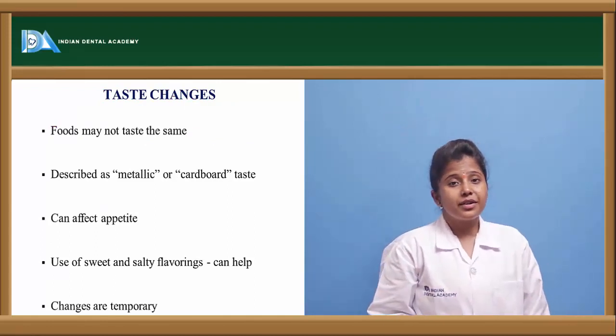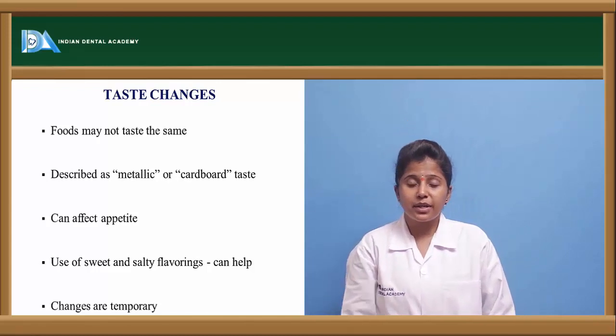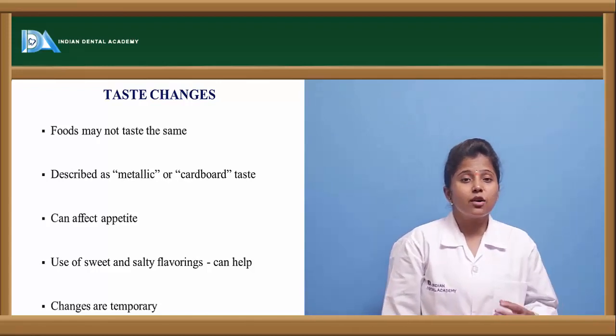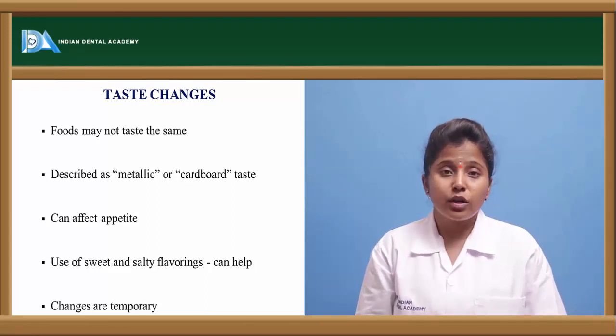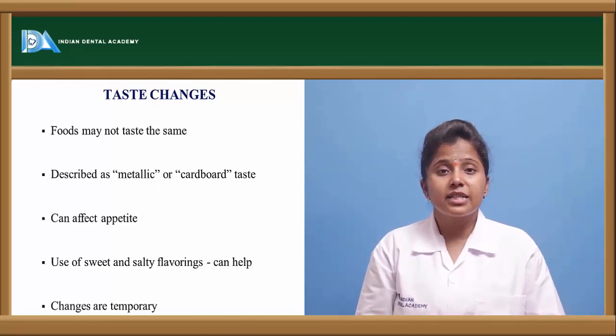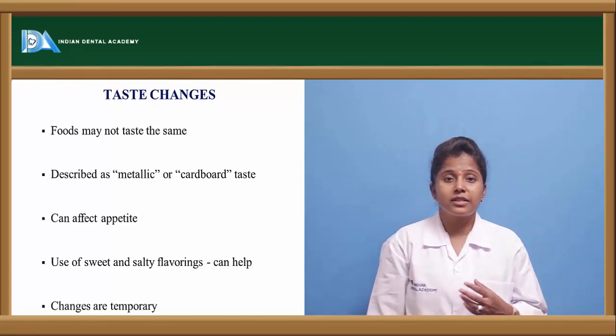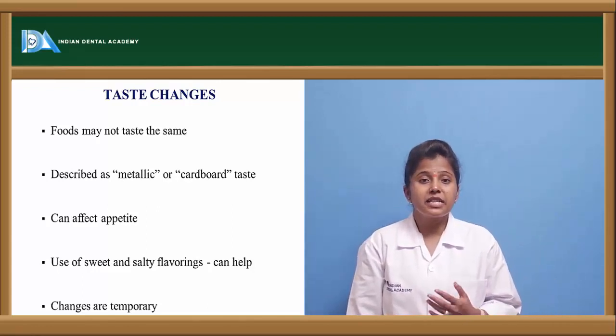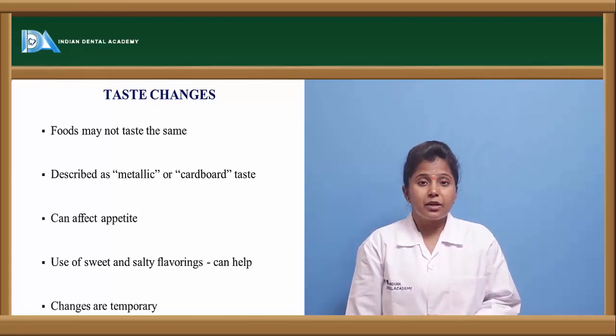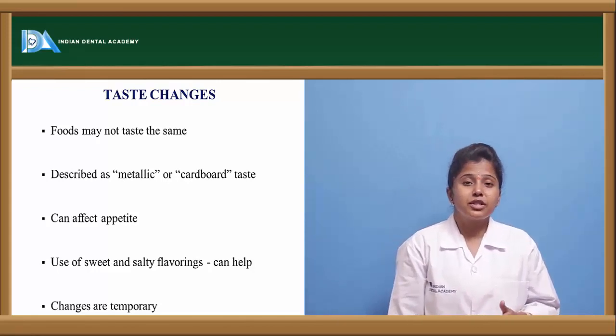Because of the drugs or the treatment given in cancer patients, the taste of food can be altered, or we can say things cannot taste that good. They may sometimes have a metallic taste, or a cardboard taste, that can be observed in the patients. In that condition, the patient can't take food properly, and because of that there will be fluctuations in the appetite.